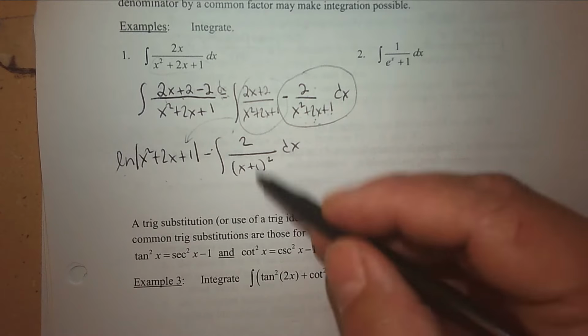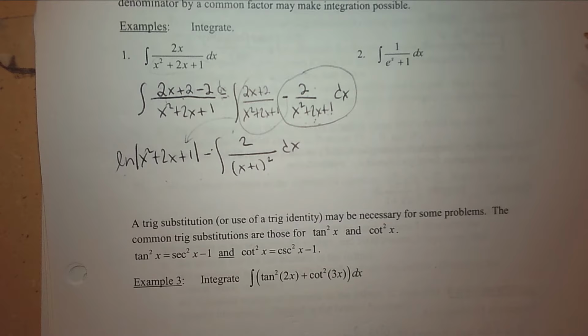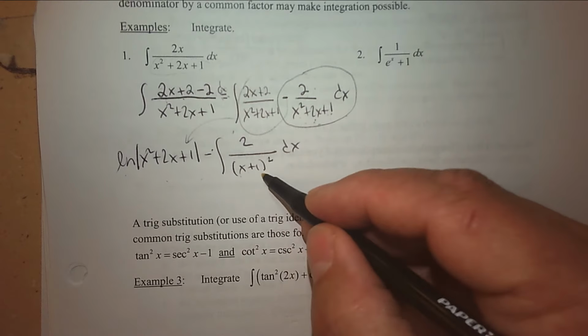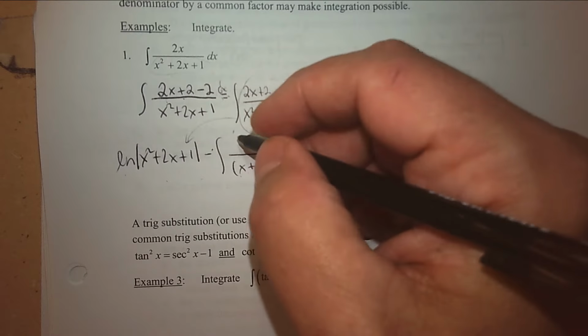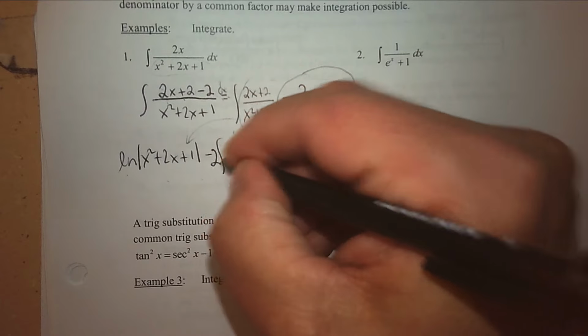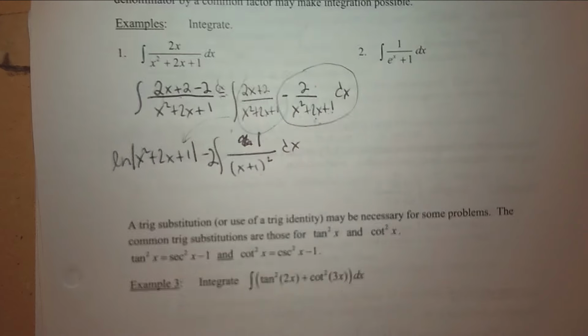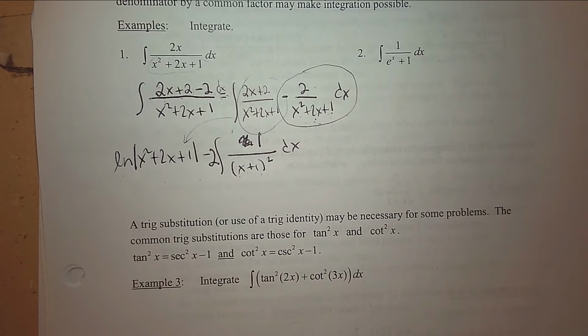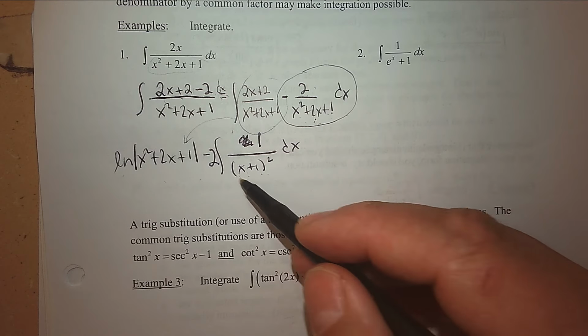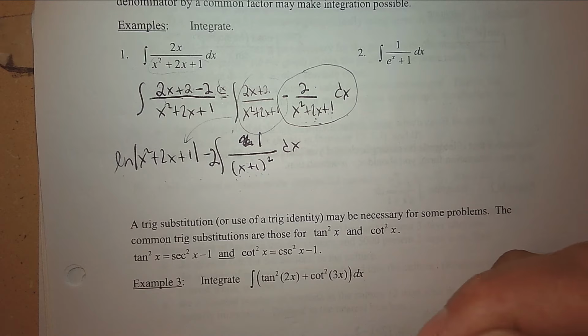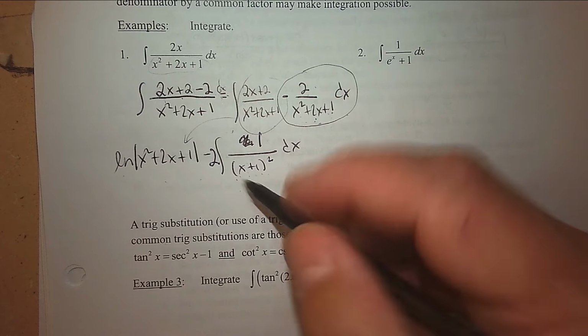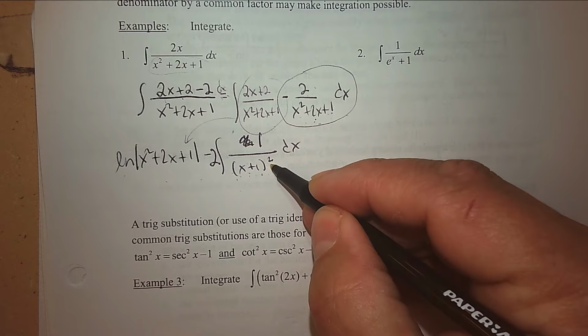How does this algebra help me get my answer? What's the derivative of x plus 1? 1. What do I have up there? Is that easily changed, where I could put the 2 in front and then just make that a 1? Now how would you integrate that? x plus 1 squared, how would I write that without a fraction? What would it look like? x plus 1 to the negative 2.